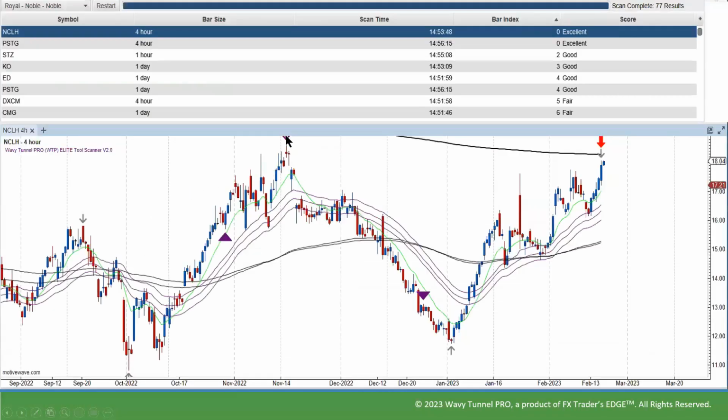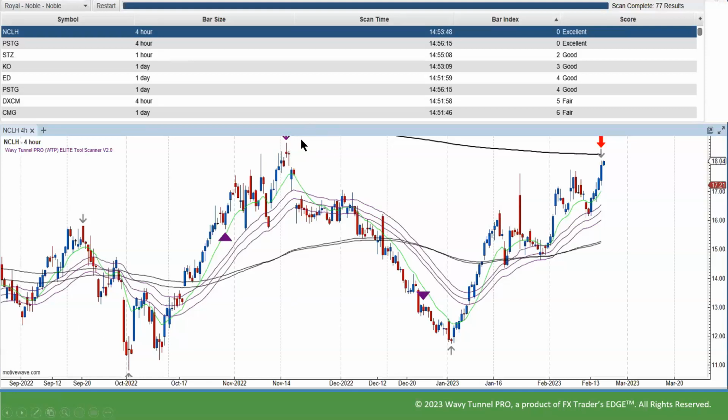So the Royal is the purple arrow. The Noble is the gray arrow. When we have a Royal Noble, we have found that that's a very good trade for a move in the opposite direction. And how do we know this?